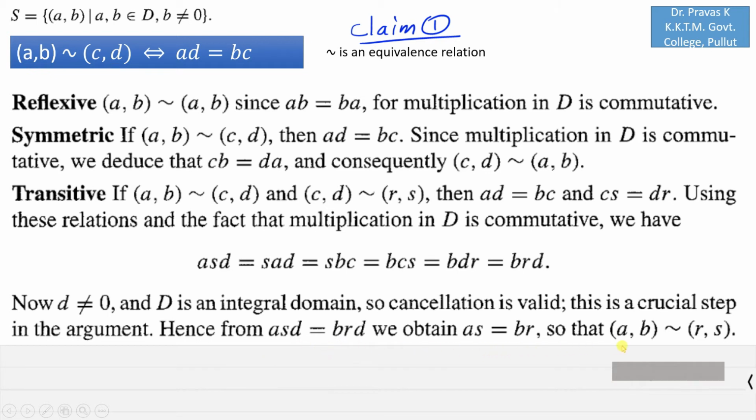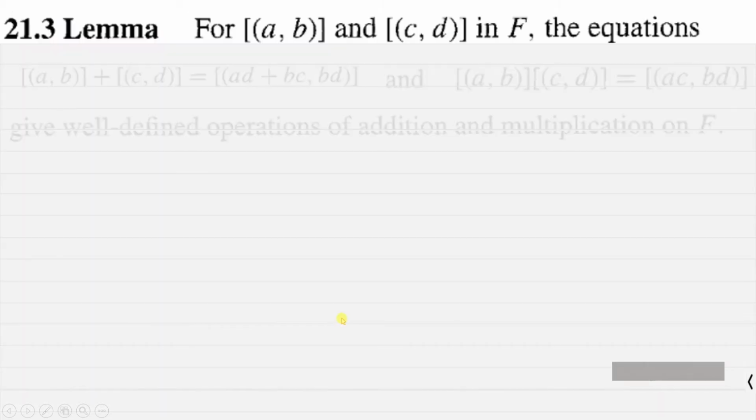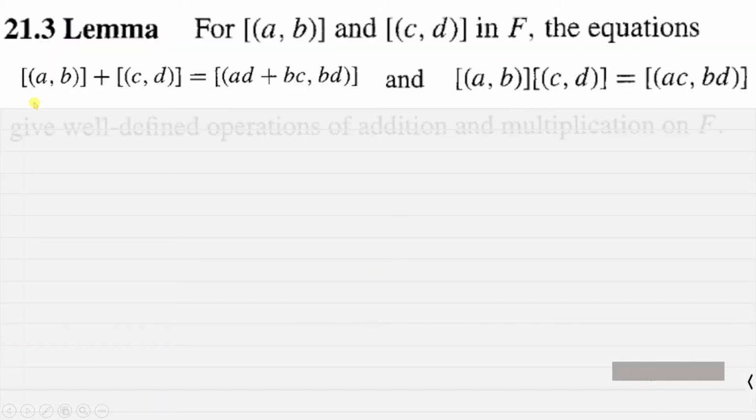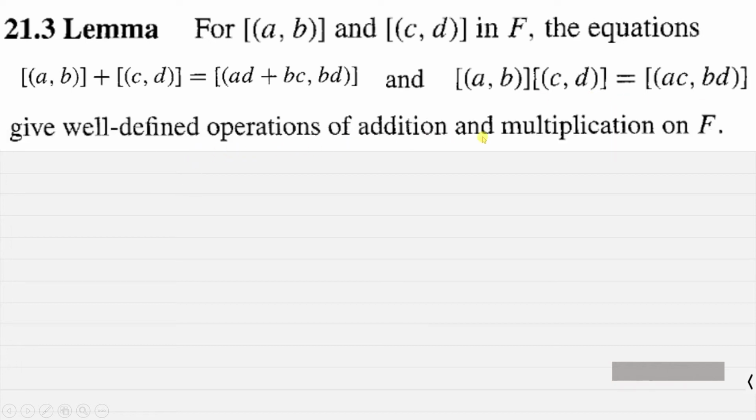Now let us go back to the definition of the addition and multiplication in capital F, the collection of all equivalence classes of ordered pairs (a, b) in S. We need to prove that these operations are well defined. But before that, let us show that these operations take elements of capital F to capital F itself.